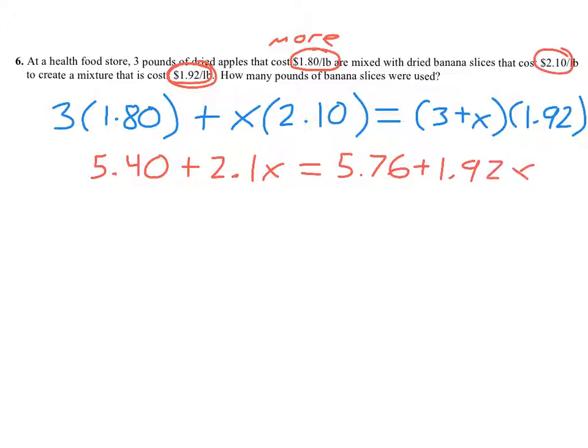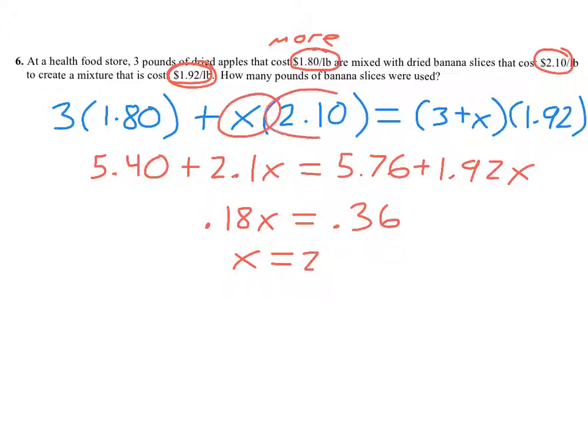Okay, moving all the x's to the left, we get 0.18x equals 5.76 minus 5.4, which is 0.36. x equals 2. So what did x represent? It represented how many pounds of bananas we had. So the answer is 2 pounds of banana slices.